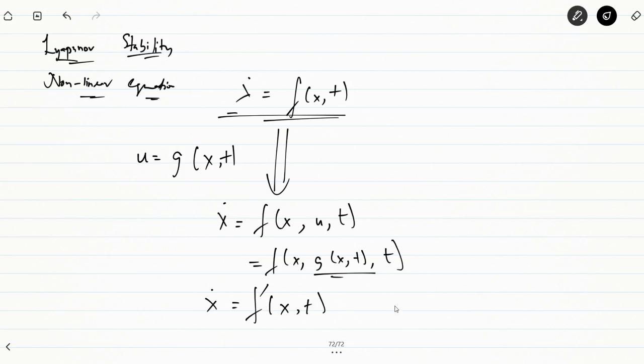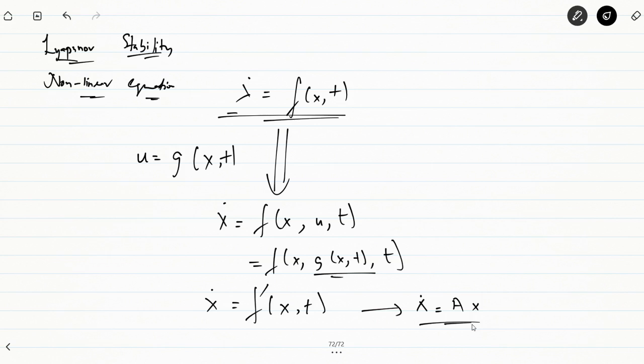And a special case of this is x dot equal to Ax, as we already know for linear systems. You have linear differential equations governed by x dot equal to Ax, and for linear differential equations we know that stability can be easily found by finding the eigenvalues of the system.